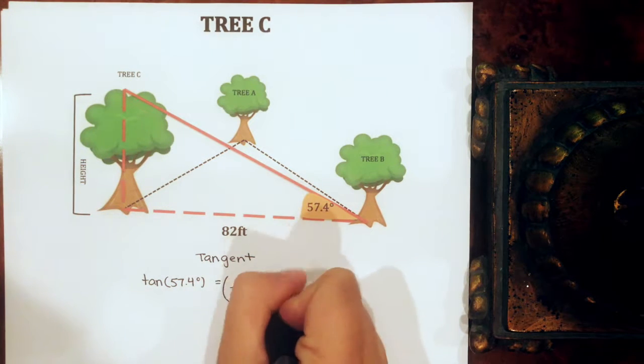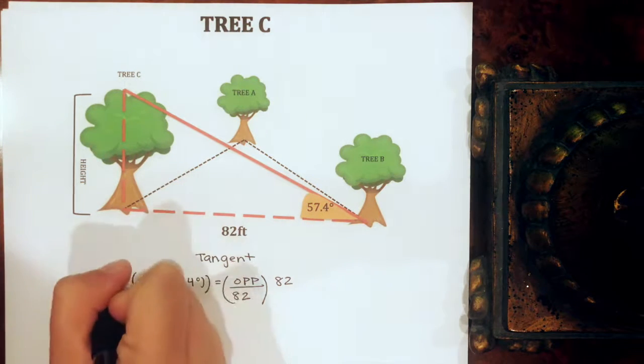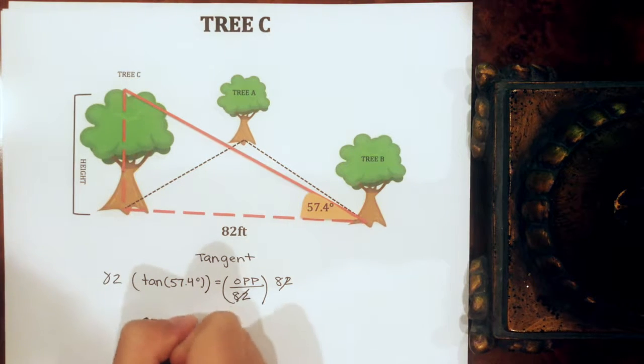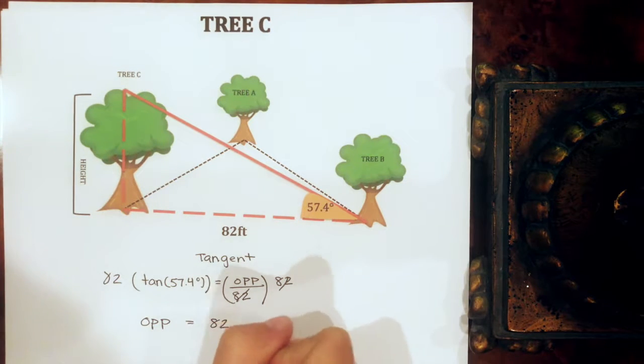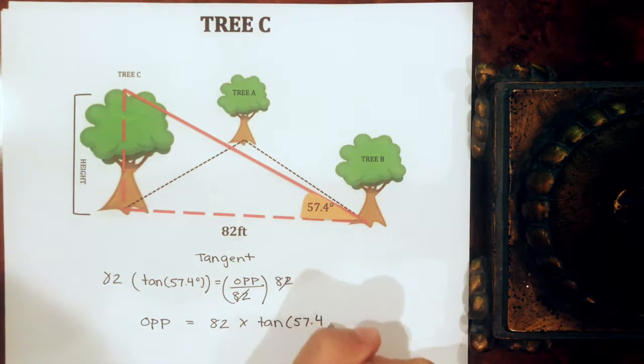Then we need to get the opposite by itself, so we would multiply by 82. And this would cross out and leave us with the opposite side equals 82 times tangent of 57.4.